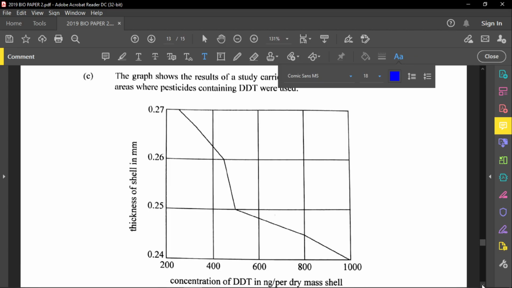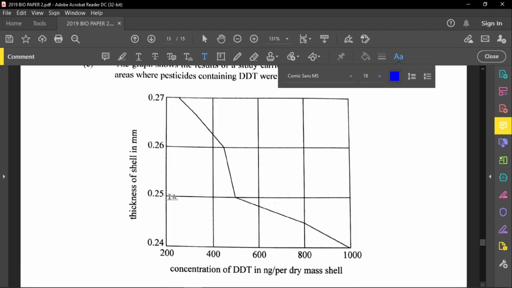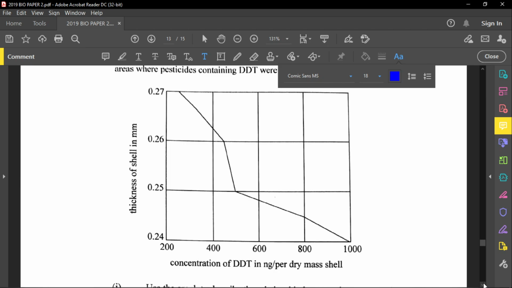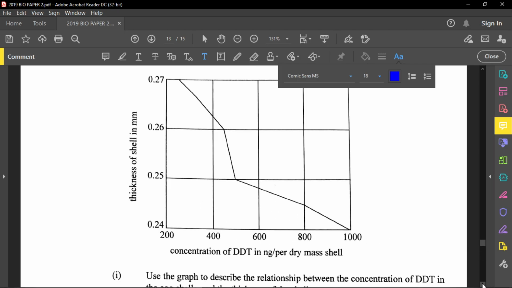So you have thickness of eggshell on the Y axis and the concentration of DDT on the X axis, per dry mass of shell. If you notice here, as the concentration of DDT increases, the eggshell is becoming thinner. So less concentration, thicker eggshell. More concentration, thinner eggshell. All right, so that's very important for us to note.